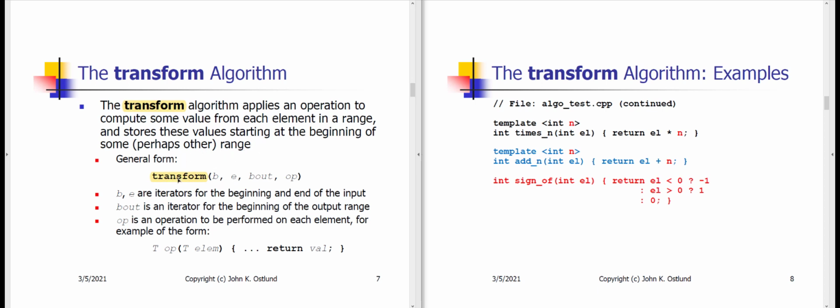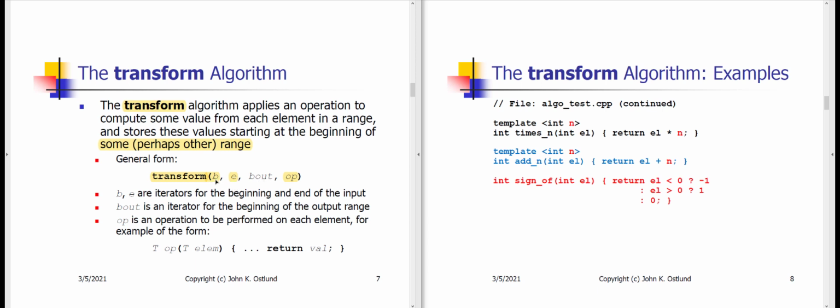The difference between transform and for_each is that in for_each we specify a beginning iterator and an ending iterator and some operation that we want to do. Transform, on the other hand, stores the results into some output range that may be a different range from the input range.